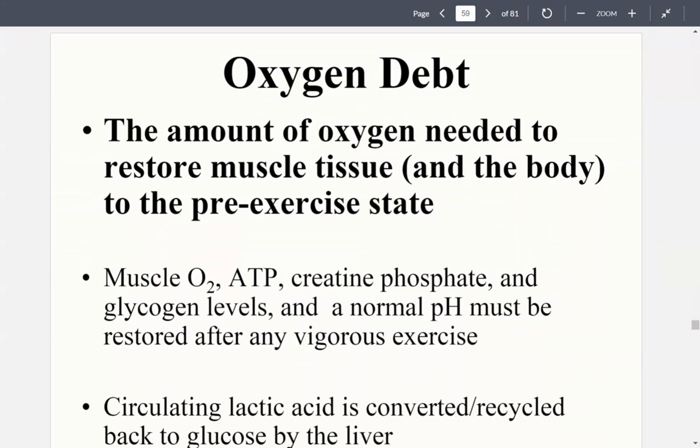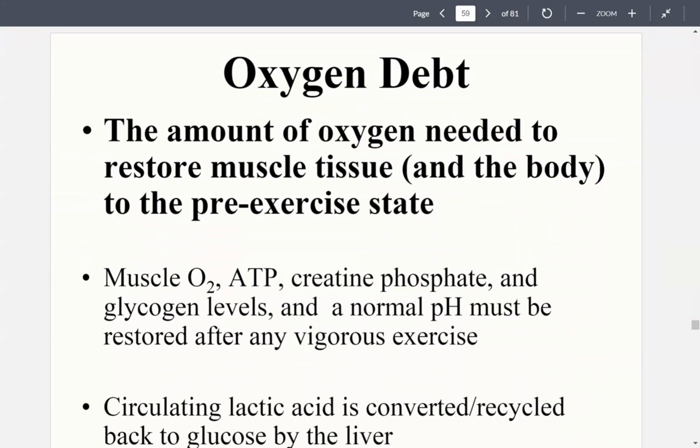Oxygen debt is the amount of oxygen that is needed to restore your muscle tissue, and for that matter, the rest of your body, to its pre-exercise state. So we have restored our ATP levels, we have restored our stored oxygen levels, we have restored our creatine phosphate levels, we have restored our glycogen, which is our stored glucose levels, and pH has returned to normal, especially in the muscle tissues.